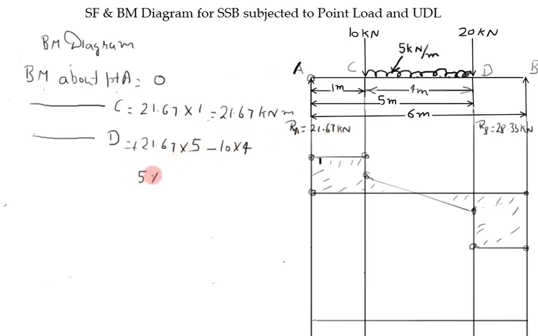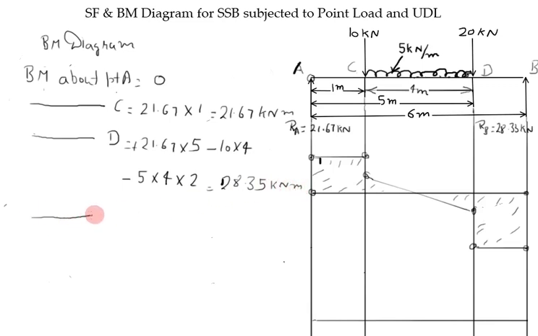UDL is 5 kilonewton per meter acting on 4 meter, and distance of CG from point D is 2 meter. So this is negative. It tends to rotate the beam in anti-clockwise direction. So the net becomes 28.35 kilonewton meter.